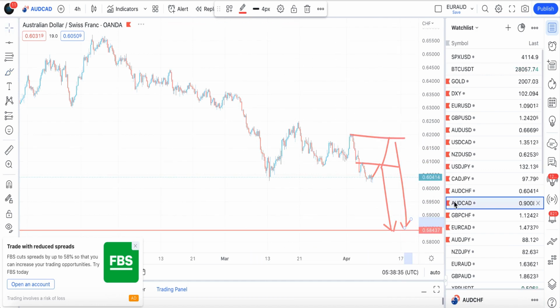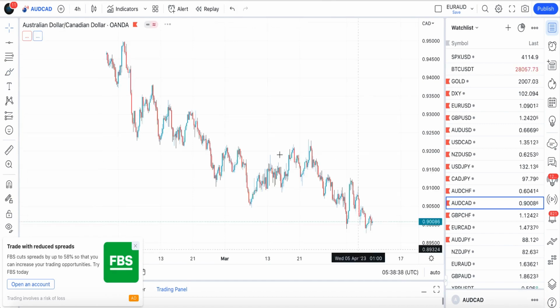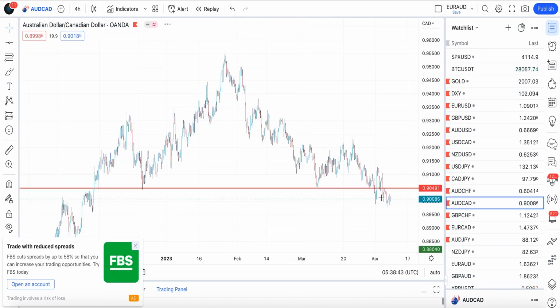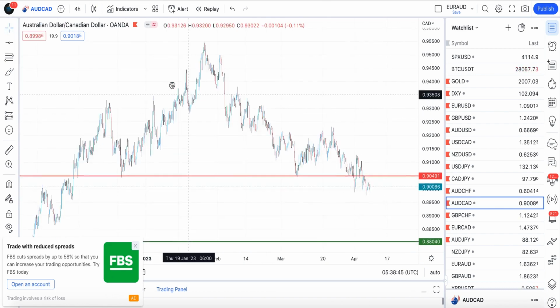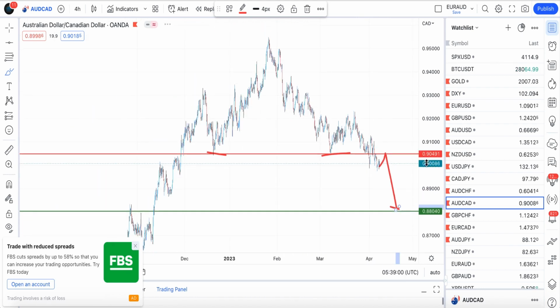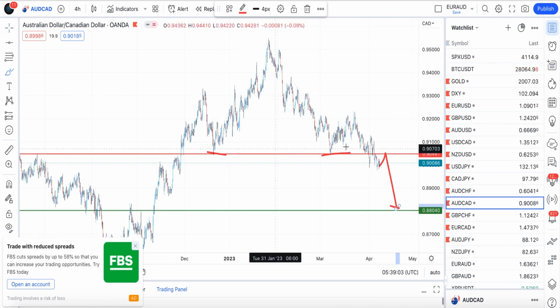So the next one we want to check is AUD Canadian dollar. Actually this might be a fake breakout, but if we see more weakness in Australian dollar, it means that we might test this place, then decline to 0.80040. But it depends on what happens with the monetary policy of the Canadian dollar.